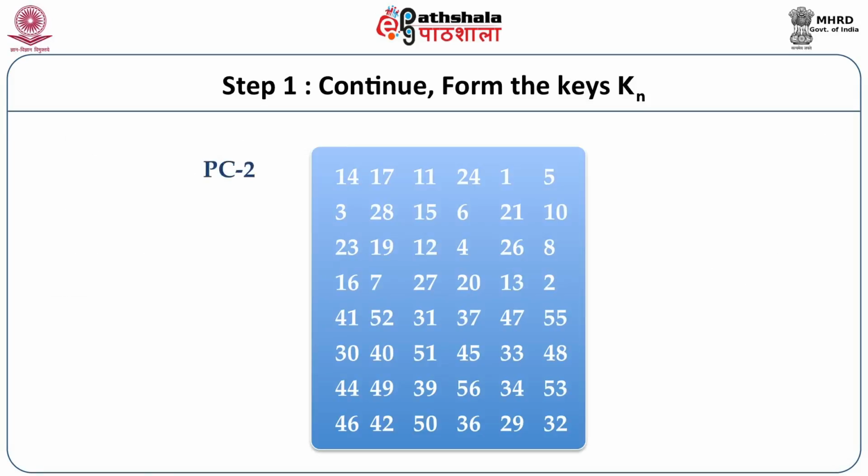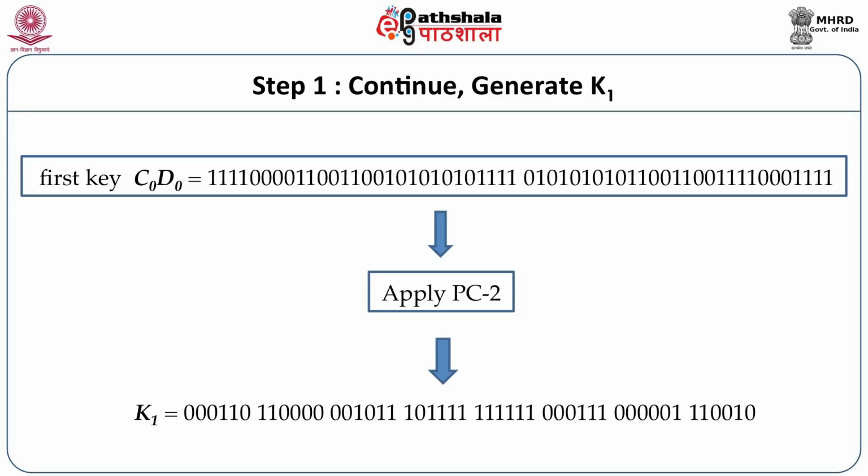From the table you can verify the 14th bit would become the first bit, and the 32nd bit would become the 48th bit. Going ahead, now we have the first key, that is C0 and D0. We applied permutation and we got K1, that is 48 bits long.